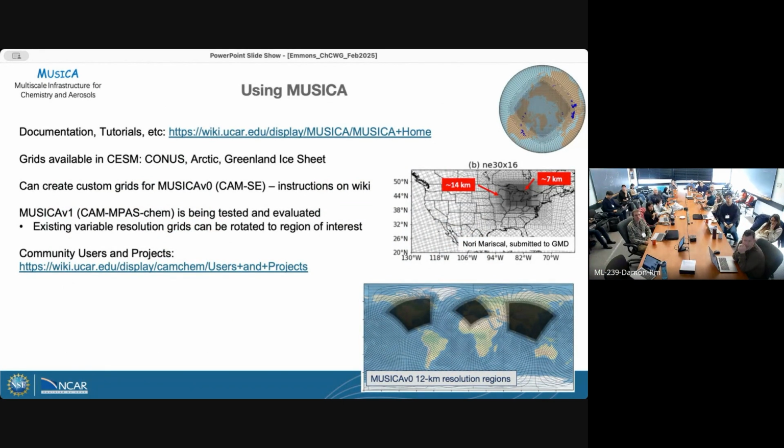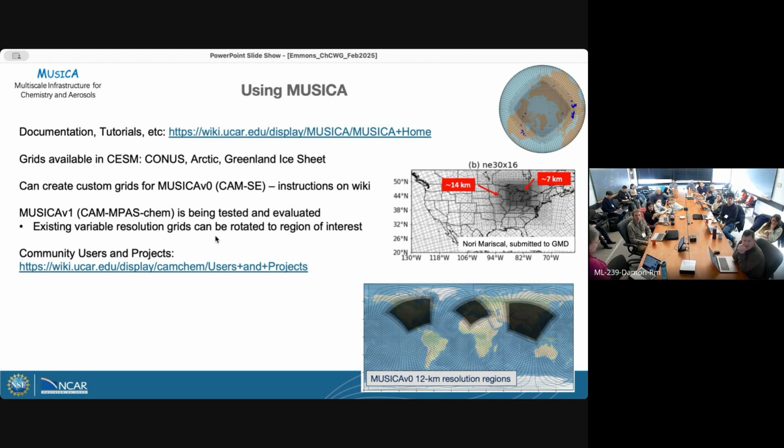If you want to use Musica and have not yet started, we have a wiki page with tutorials and documentation. There are a number of grids available already in CESM, the CONUS grid, this Arctic grid, a Greenland ice sheet grid. And you can make your own grid, and there are instructions on the wiki, such as this grid with 1/16th degree resolution over Michigan that Nori's made.